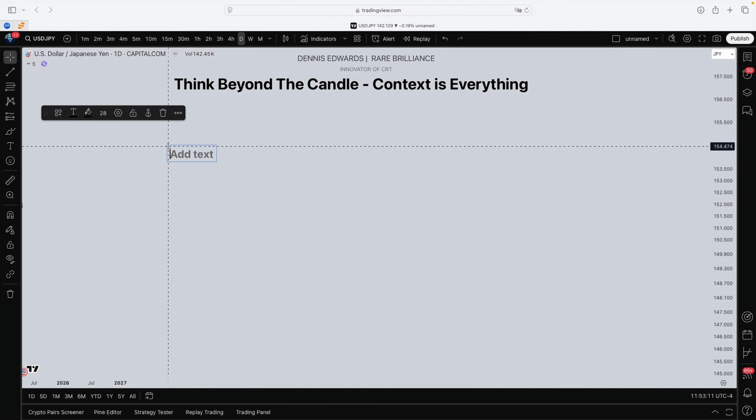Now let me write that down as well, so you can know the sort of process that you have to be able to understand, because these are questions that you have to ask yourself. What session is the candle forming in? Is it London, New York, or an off-hour range? Or even if you're trading something like, just because I don't have the example here, but I'm going to say the example.